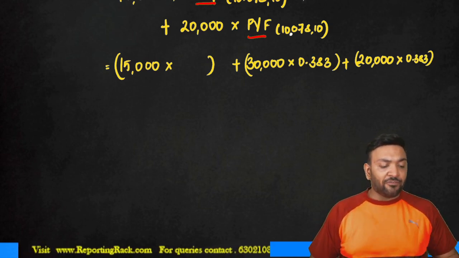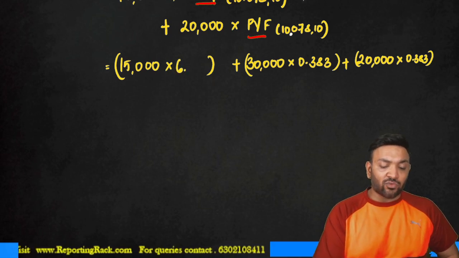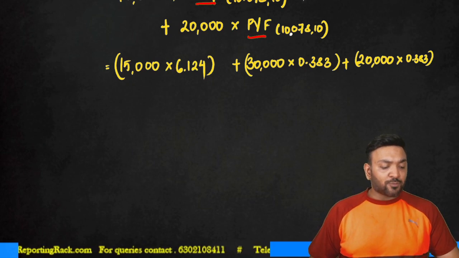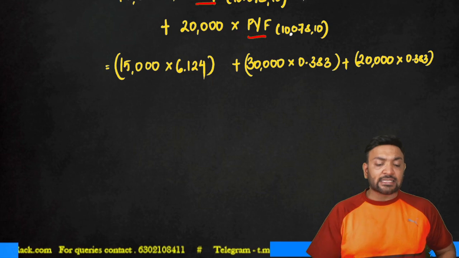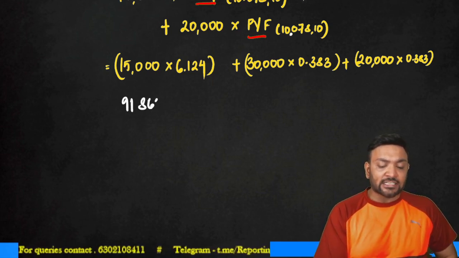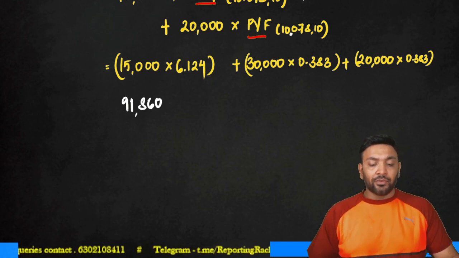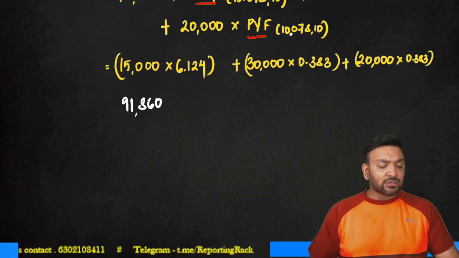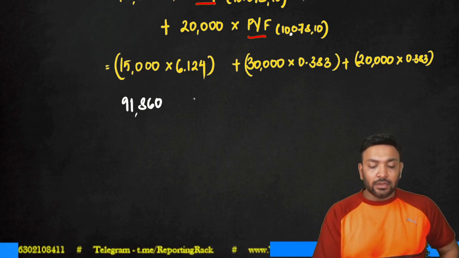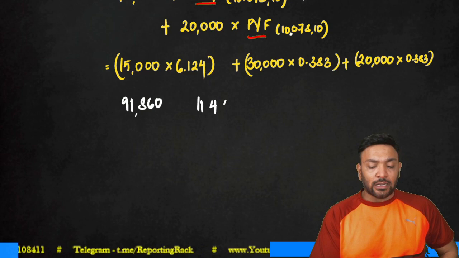What about your PVAF? 6.124. 6.124 into 15,000, over the entire lease term, you are receiving an amount of 91,860 rupees. What about this one? 30,000 into 0.383 is 11,490.